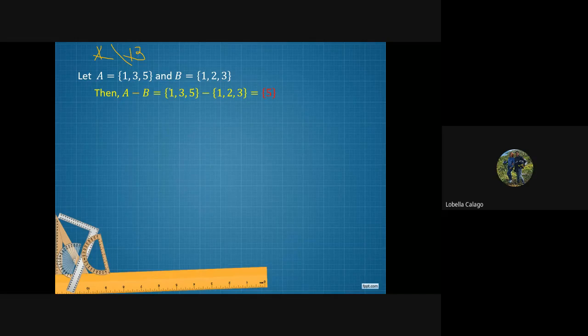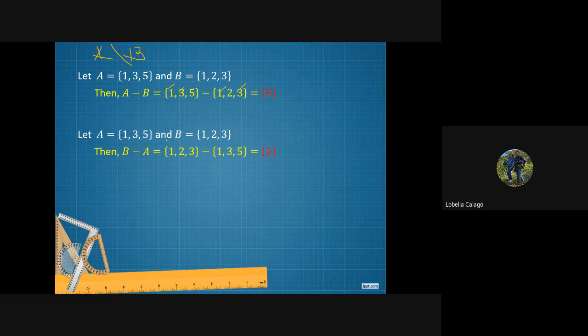So, we have 1, 1, 3, 3, 5. The element 5 in A is not in B. Hence, the element 5 is the difference of A and B. How about this one? If you are going to get B minus A, look for the elements of B that are not in A. So, let us see. 1, 1, 3, 3.